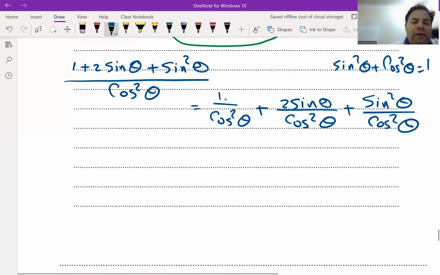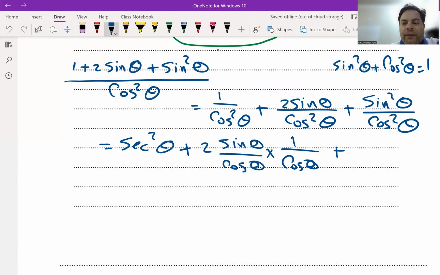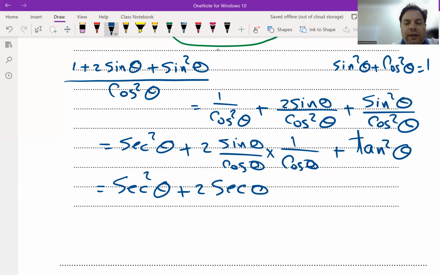Simplify. 1 over cosine squared is sec squared theta. 2 sine over cosine: sine theta over cosine theta is tan, and 1 over cosine theta is sec. Sine squared over cosine squared is tan squared theta. So the answer is sec squared theta plus 2 sec theta tan theta plus tan squared theta.